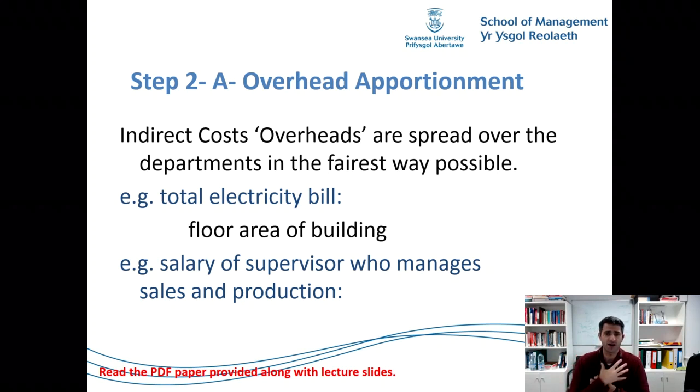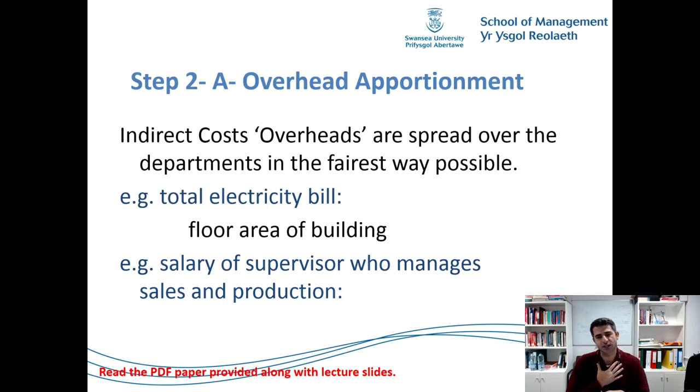If I'm the supervisor of this factory, I get paid regardless of whether there is production or no production. I'm not talking about labor or wages. Labor and wages are variable costs, related to the units produced. But salaries are a fixed cost, an overhead, not related.